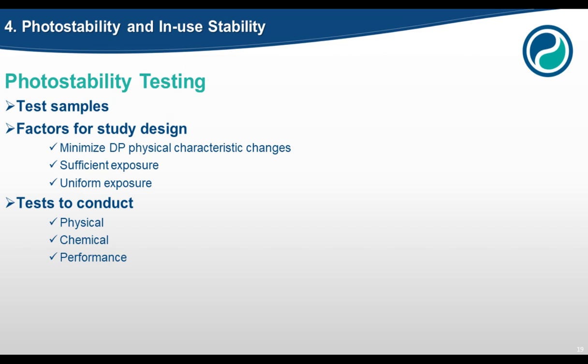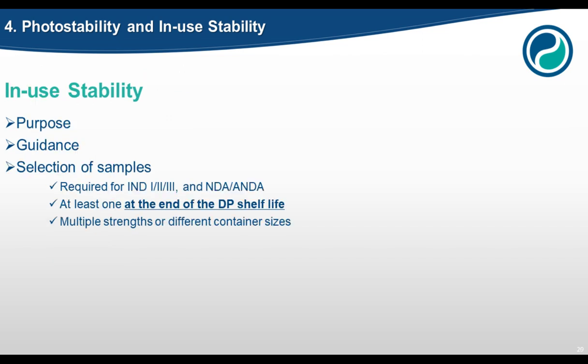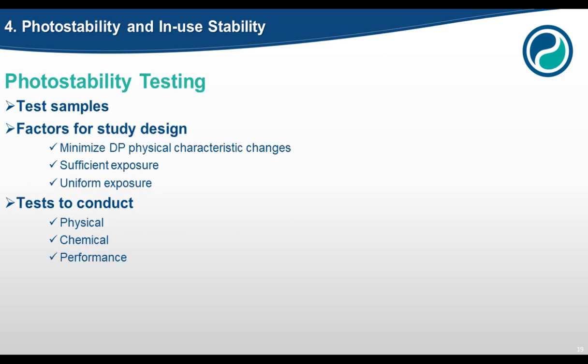We also have to make sure drug products are uniformly exposed to light. For example, if we do have tubes, we have to make sure we use different orientations, horizontal and vertical, for the study. And all the tests from the drug product specification, except MLT and the sterility test, should be conducted for photostability testing.